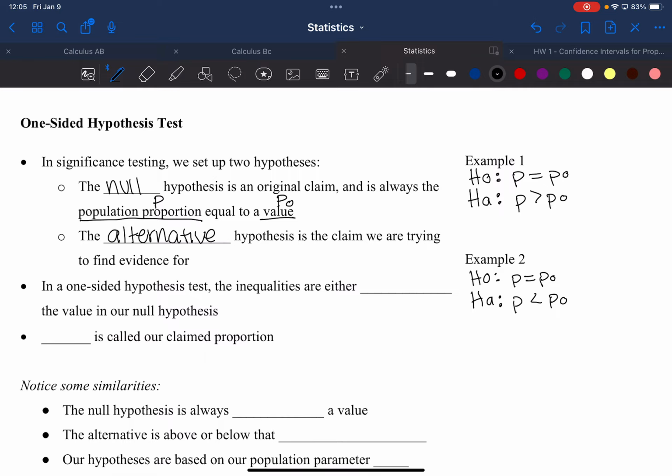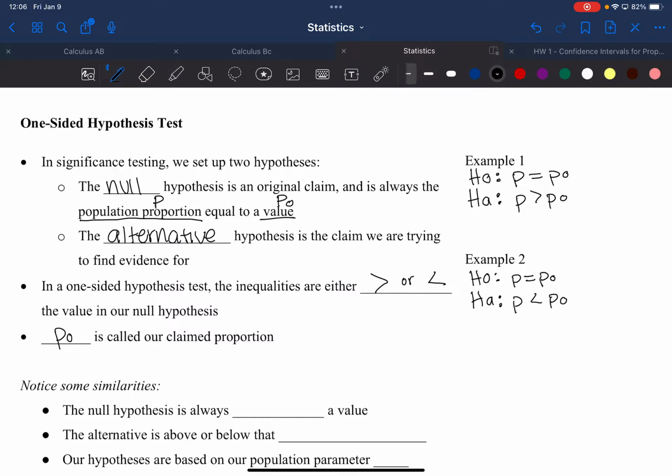That's why it's called a one-sided test, because we're only looking at one side of the normal curve. So in a one-sided hypothesis test, the inequalities are either greater than or less than the value in the null hypothesis, which we denote as P naught, and that's the claimed proportion. Again, P naught is just a number.